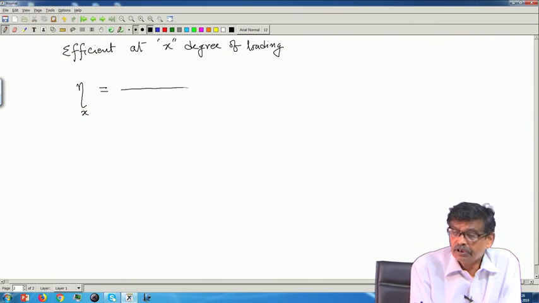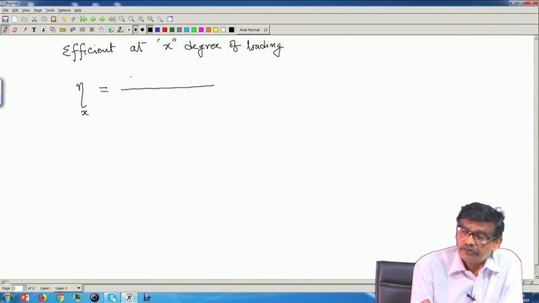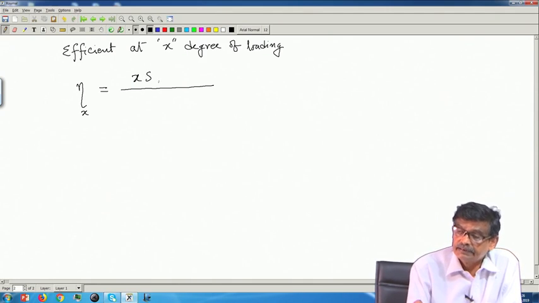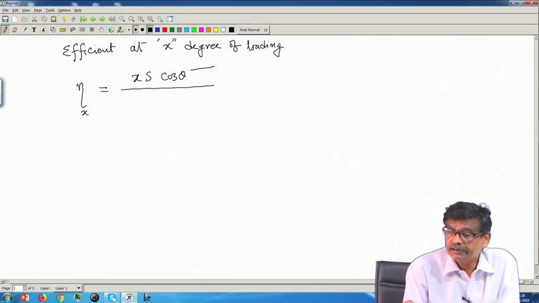What is the output kilowatt? At x degree of loading, the output kVA is x S, so the output kilowatt is x S cos theta. What is this cos theta?